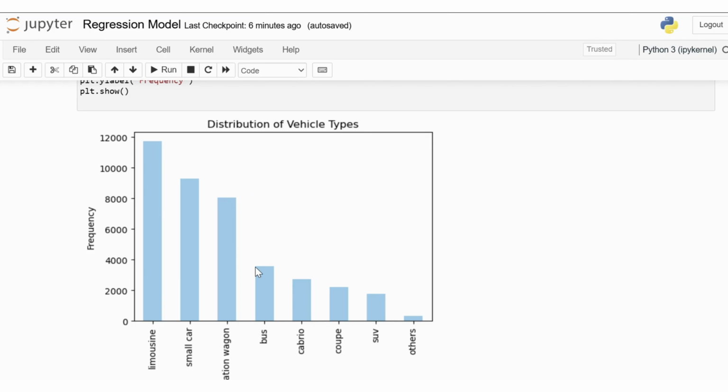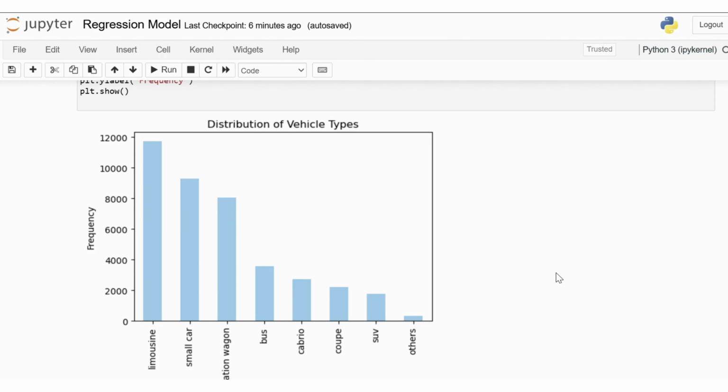Bus type follows with around 5,000 cars. Approximately 4,000 cars fall under the cabrio category. Coupe type has around 3,000 cars in the dataset. The SUV type has slightly fewer than the coupe, with around 2,500 cars. And the others is the least frequent category, with just a few cars.